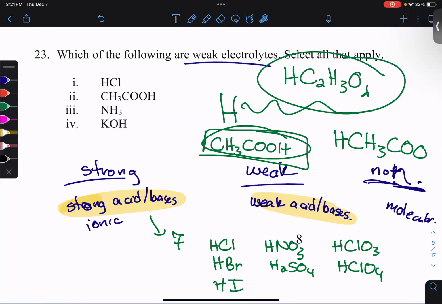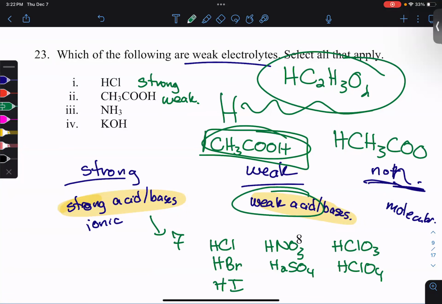Okay, so let's go through these. Why don't we just say whether these are weak, strong, or non-electrolyte? So the first one, HCl, strong. Oh, right, it's right there. Yeah, so the second one, it's a weak, yes, that's acetic acid, very good. NH3, oh, that's the one I didn't say. So weak acids, we covered.